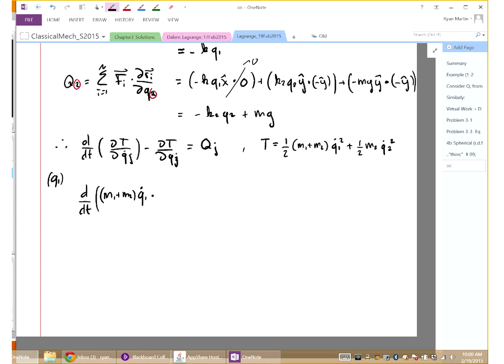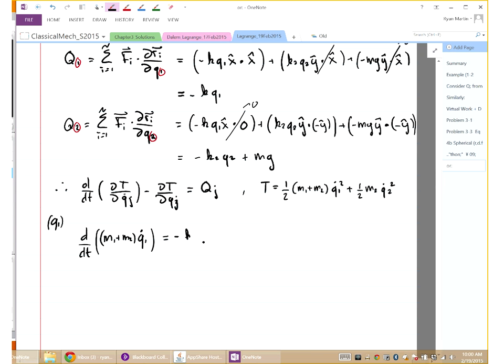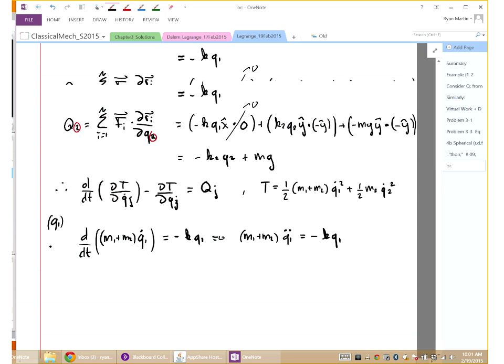T itself doesn't depend on Q1, right? It only depends on Q1 dot. So there's no term ∂T/∂Qj. And so that's got to equal capital Q1, which was minus kQ1. So if I carry out the derivative with respect to time, m1 plus m2 is a constant. And so I get (m1 plus m2) Q1 double dot equals minus kQ1.